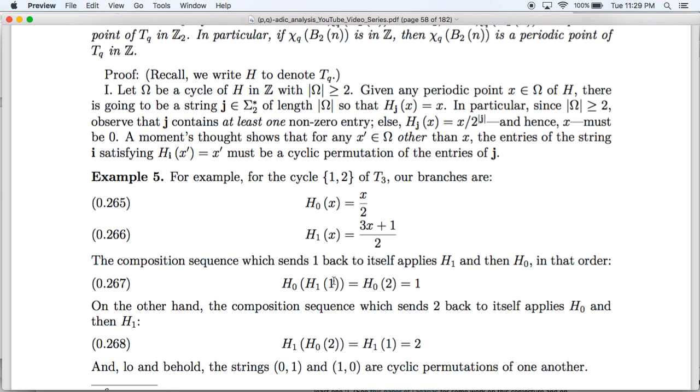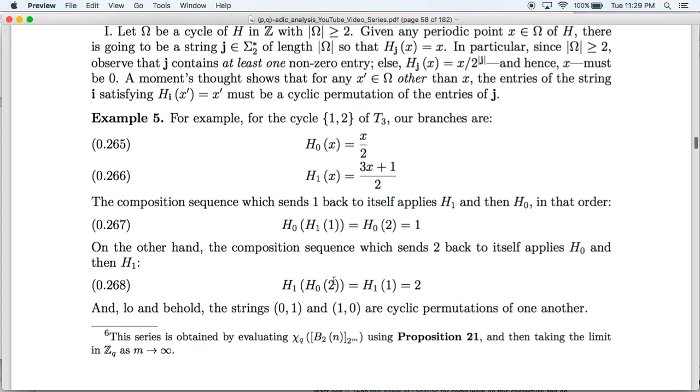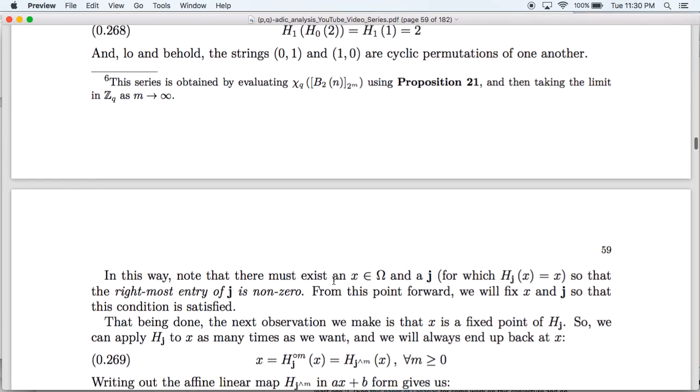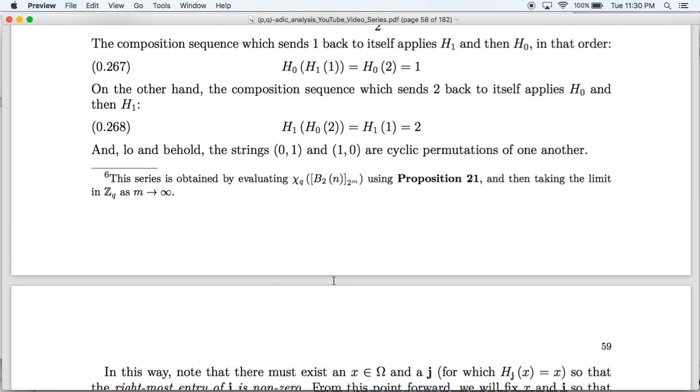On the other hand, the composition sequence which sends 2 back to itself applies H0 and then H1. And lo and behold, the strings 0, 1 and 1, 0 are cyclic permutations of one another. We'll deal with this detail more thoroughly in just a moment, but I'm getting ahead of myself.